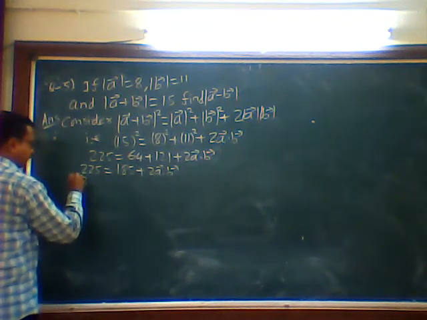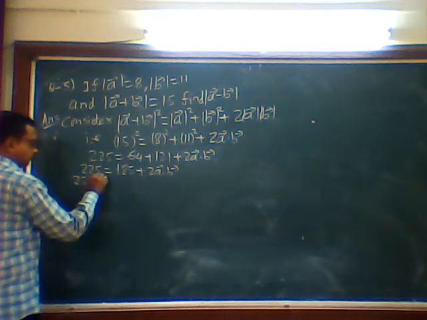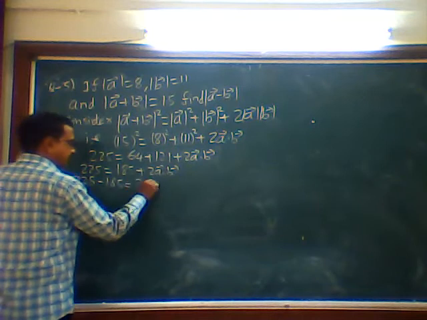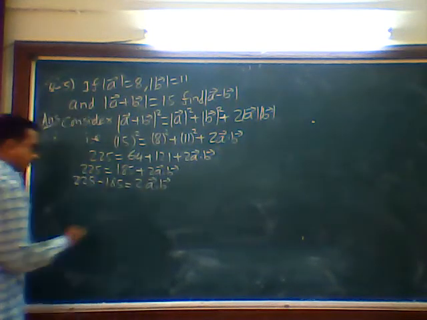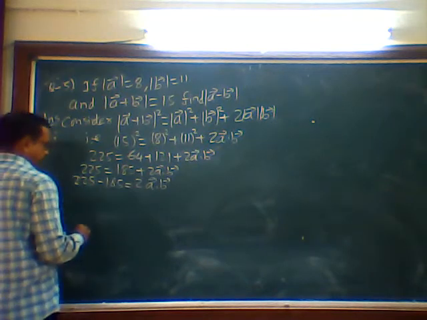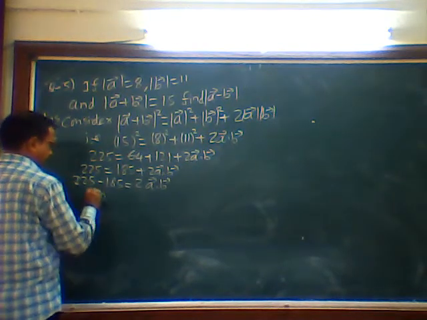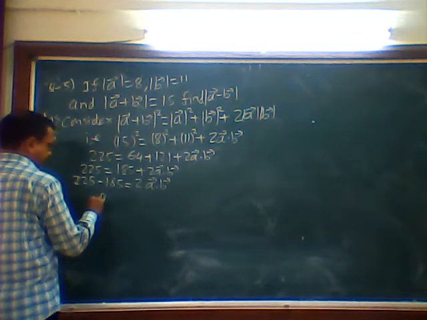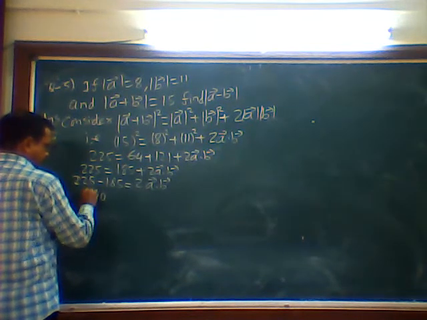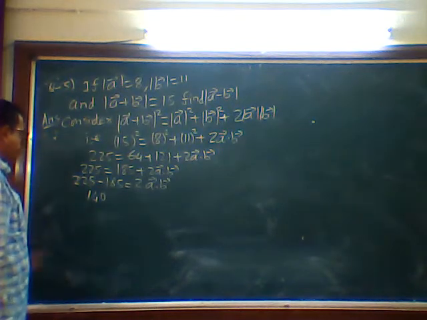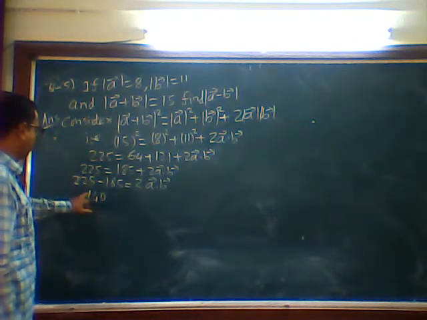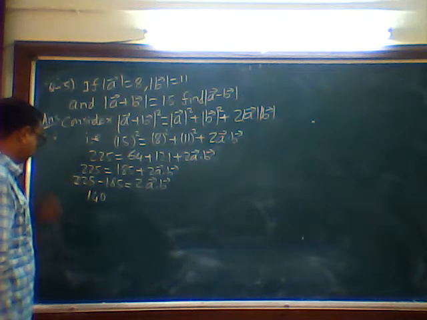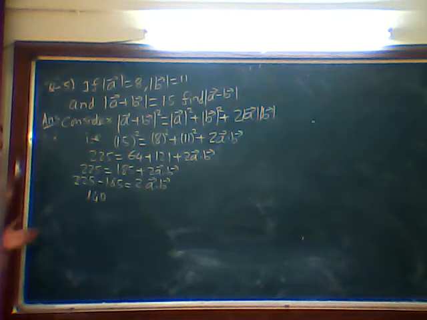So 225 minus 185 is equal to 2 into a bar dot b bar. 225 minus 185 is 40.